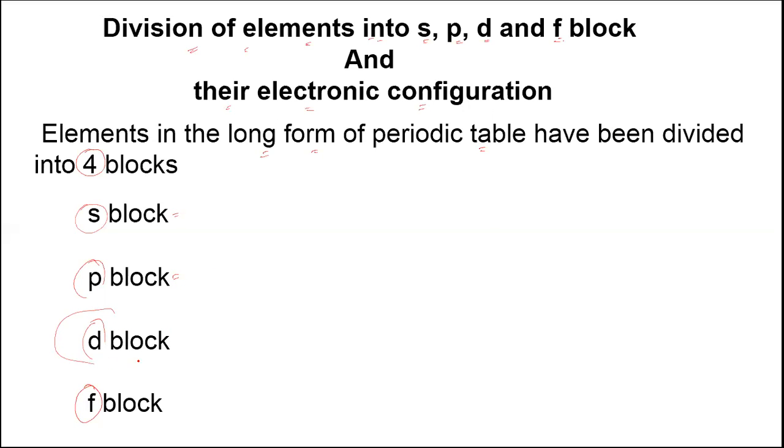They are S block, P block, D block and F block. In previous video, we already discussed the S block and P block. In today's video, we will discuss about the D block and F block elements.